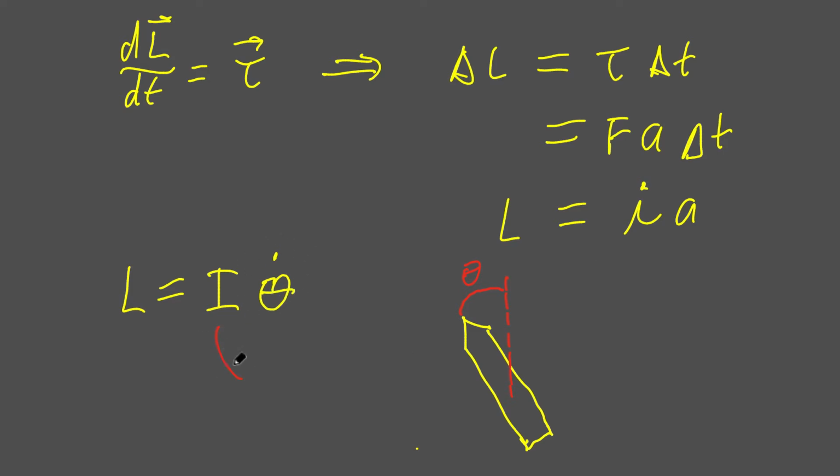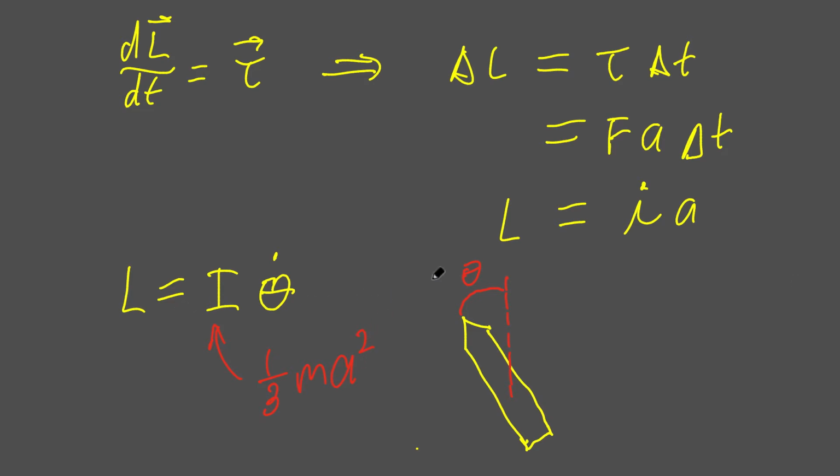And we also know for a uniform rod, like a pencil is fairly uniform, that the moment of inertia is 1/3 the total mass times the half length squared, a squared.